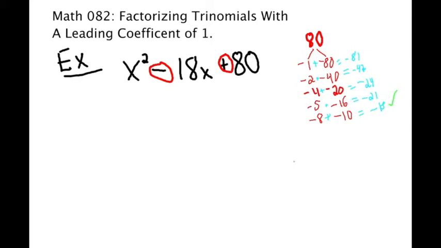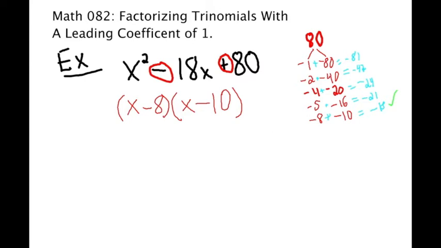There's our winning combination. So that means our two factors are going to be negative 8 and negative 10. So let's write it out in the factored form. So in the factored form, that's going to look like x minus 8 times x minus 10. And that is going to be our final factored form.